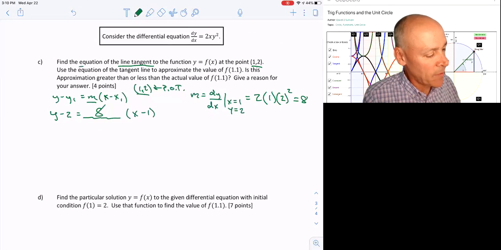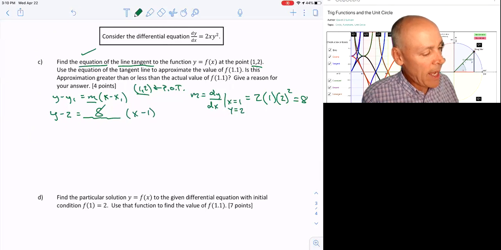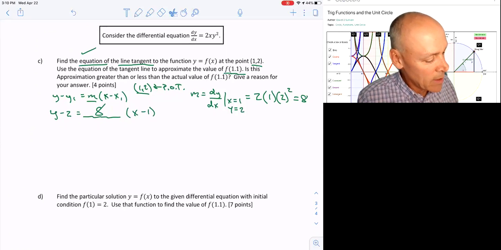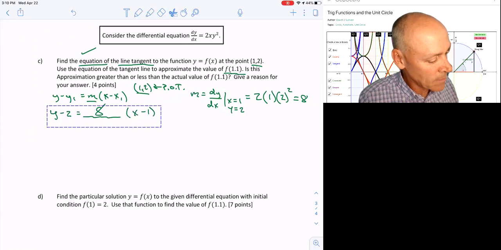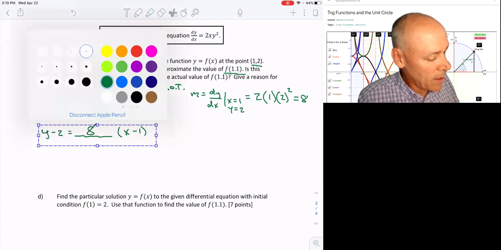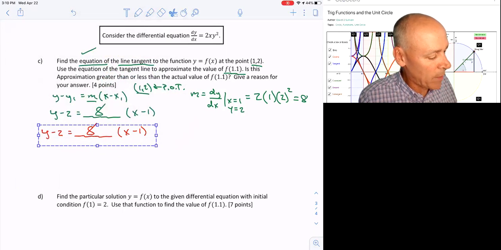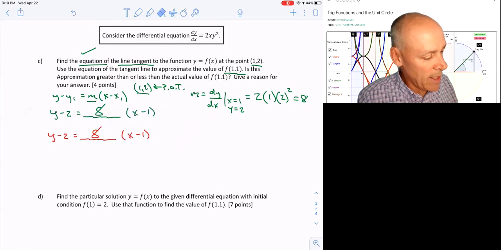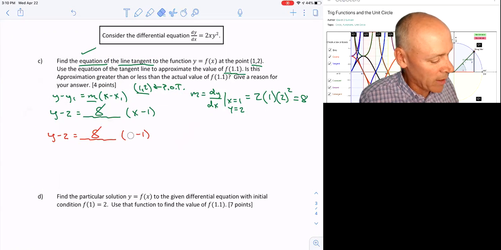All right, so I've done that first part, check. Now I want to use that equation to approximate the value of f at 1.1. Okay, so I'm going to take that, copy, change the color, and now all I'm going to do is substitute in 1.1 for this x right here.